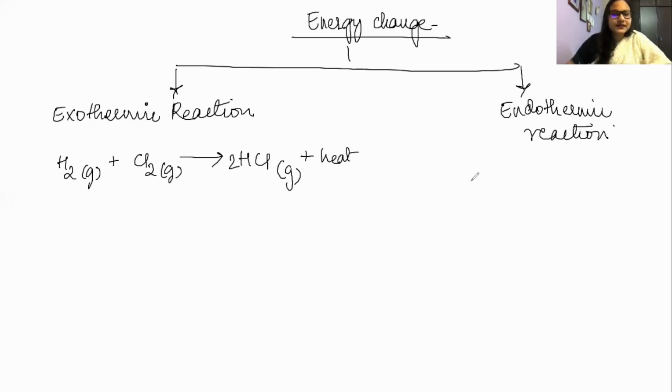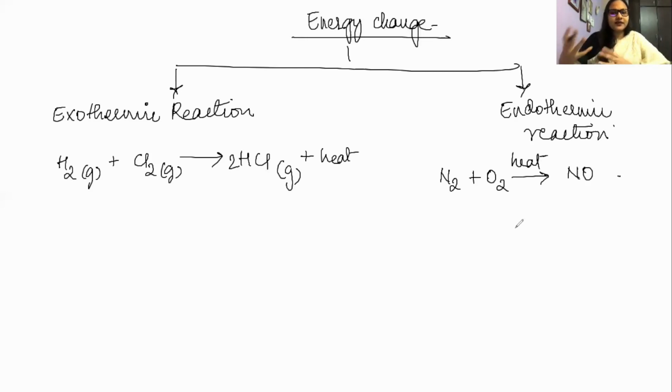Okay. Next, the example for an endothermic reaction, which I will talk about, is the reaction that takes place during thunderstorms. Nitrogen gas is a highly inert gas, does not readily react with substances. But during thunderstorms and lightning, due to the electrical discharge, it absorbs heat energy and it forms nitric oxide.